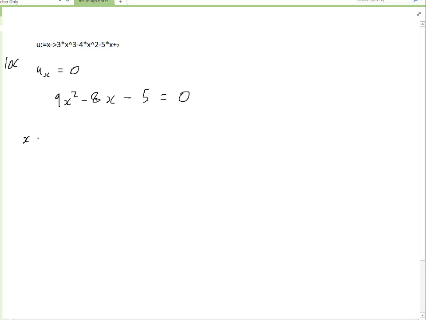I really will give you the full details. What I'm using here is this equation that we're looking for, minus b plus or minus the square root of b squared minus 4ac, and that's going to all be divided by 2a.